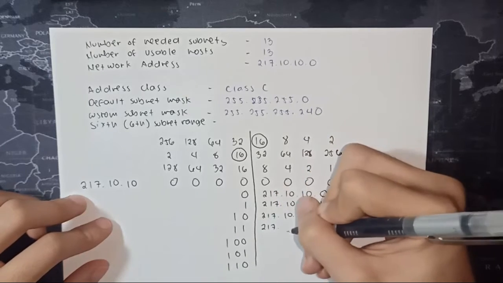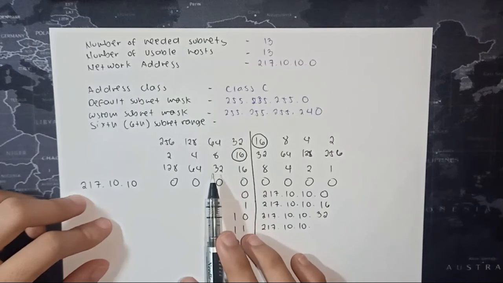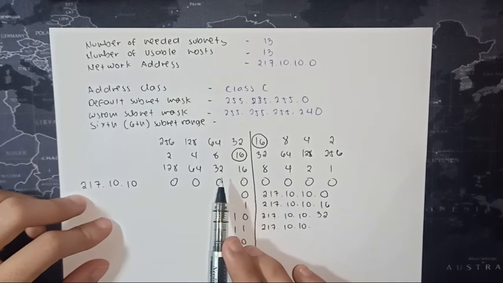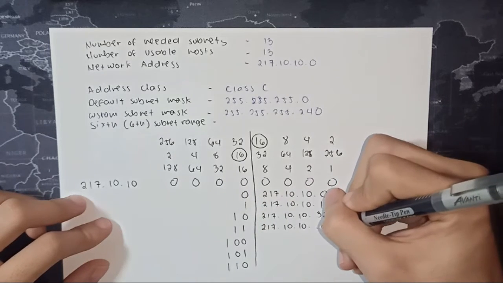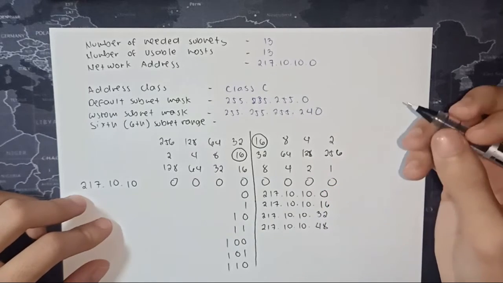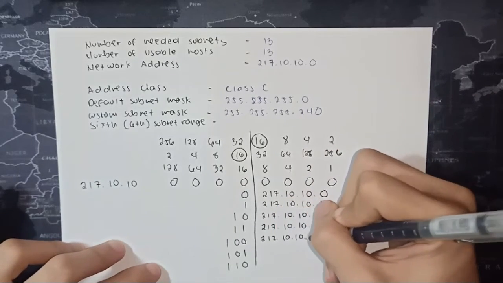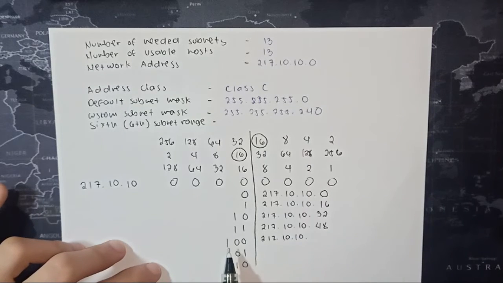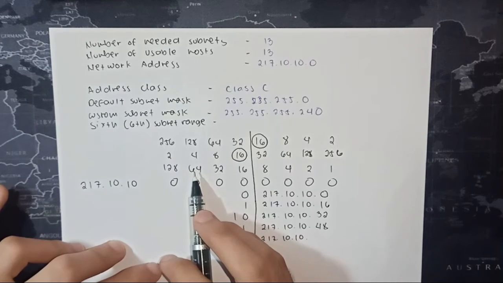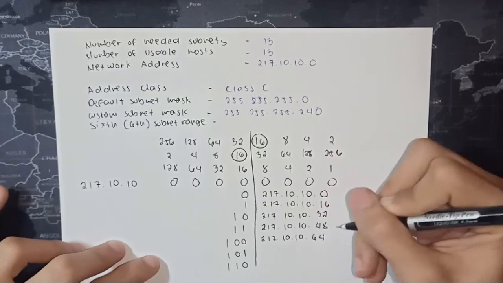Next, since there are 2 ones, we are just gonna simply add these 2. 32 plus 16 is equal to 48. So since there's only 1 one, and it is in the 64 value, we're just gonna add 64.